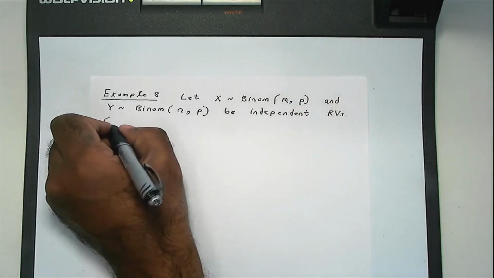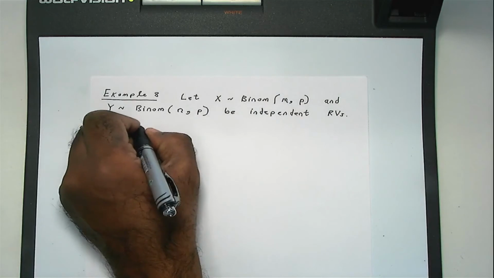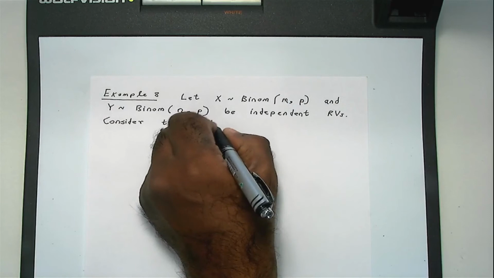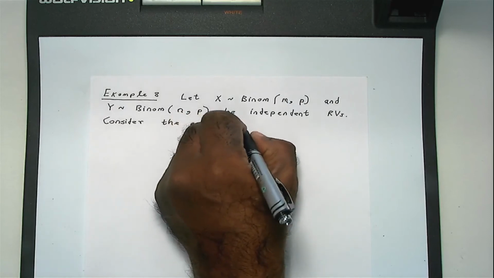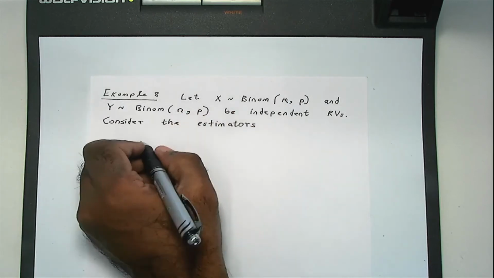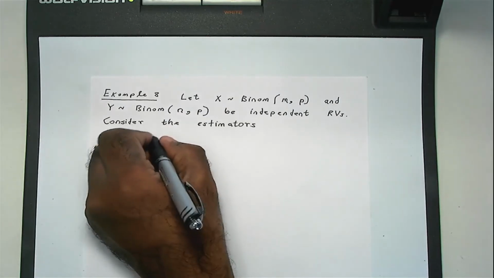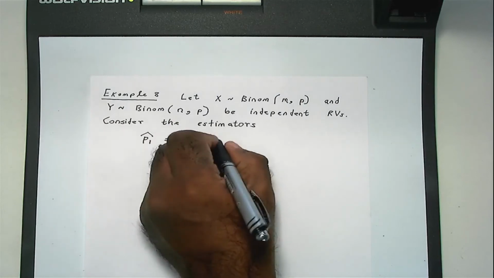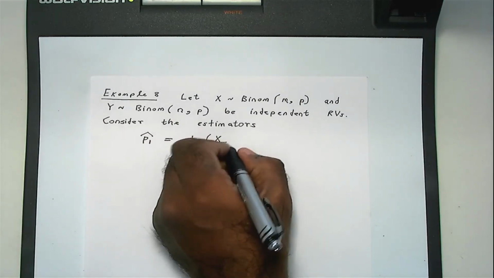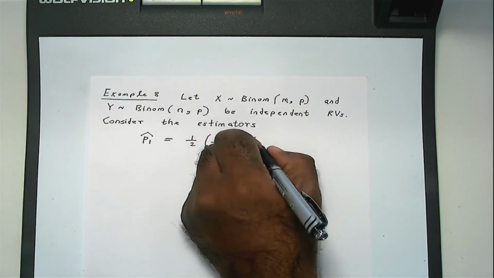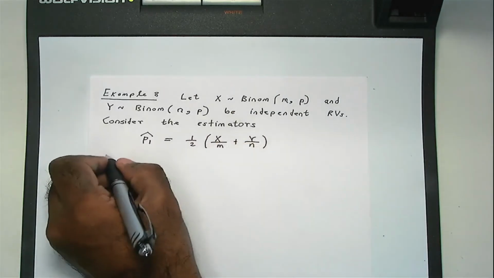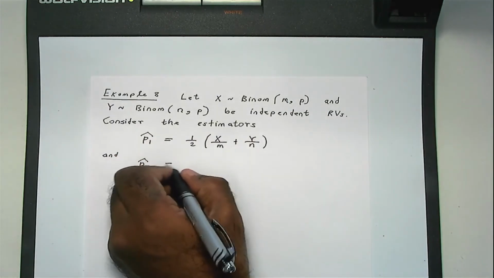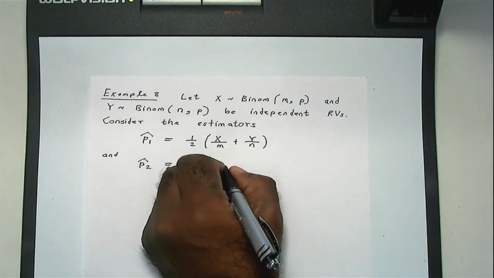Consider the following estimators. So the first estimator is p1 hat equal to half times x divided by m plus y divided by n. And the second estimator for p is p2 hat, which is x plus y divided by m plus n.